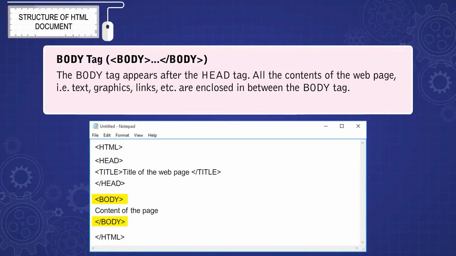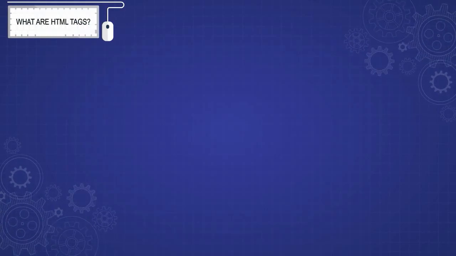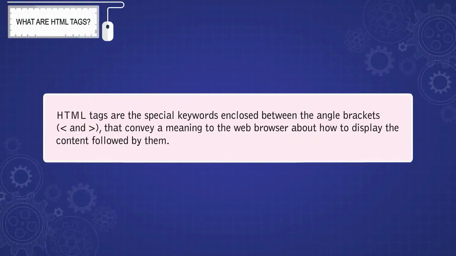All the contents of the web page, that is, text, graphics, links, etc., are enclosed in between the body tag. What are HTML tags? HTML tags are the special keywords enclosed between the angle brackets and that convey a meaning to the web browser about how to display the content followed by them.